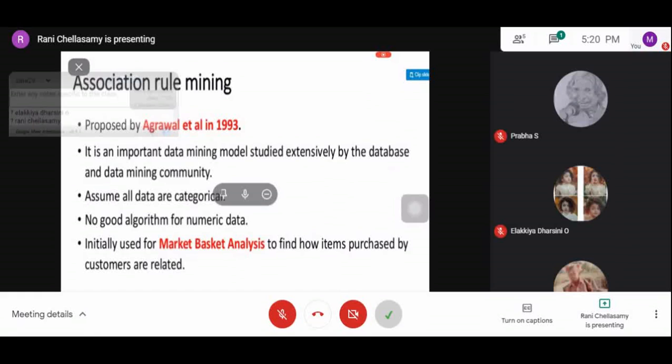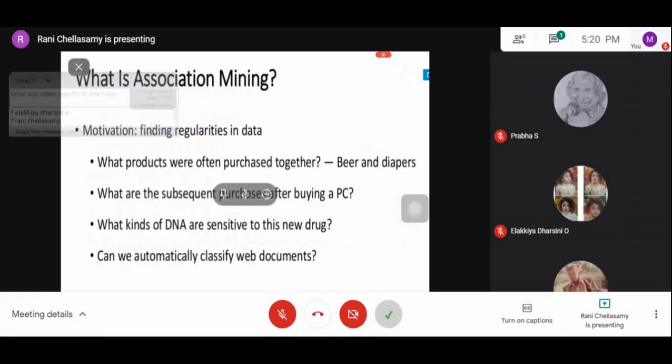So what is association mining? Mining, in the sense, means you are going to find some interesting patterns. The motivation of association mining is finding the regularities in the data, that is, what products are purchased together.